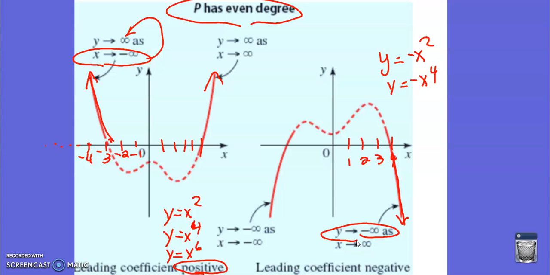So y goes towards negative infinity. As x gets more negative, -3, -4, -5, then what's happening to the y values? It's getting more negative. So as x goes to negative infinity, y is also going to negative infinity. So on an even degree, the end behaviors are the same.